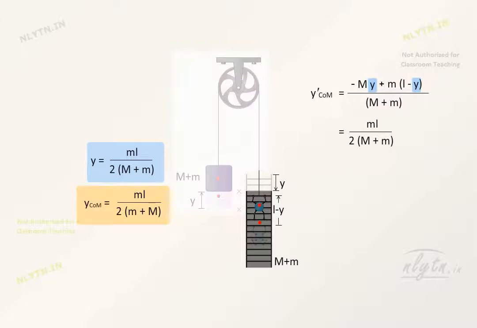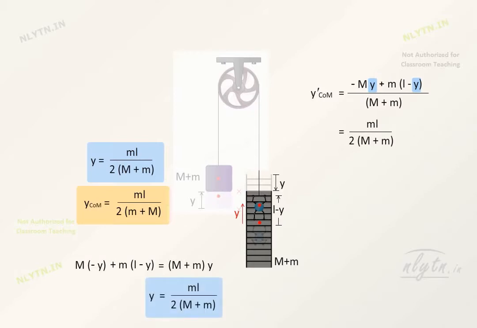Here if we write the equation of center of mass for this system, then we can say that m into minus y plus m into L minus y should be equal to m plus m into y. Solving this equation, we again get the same value of y.